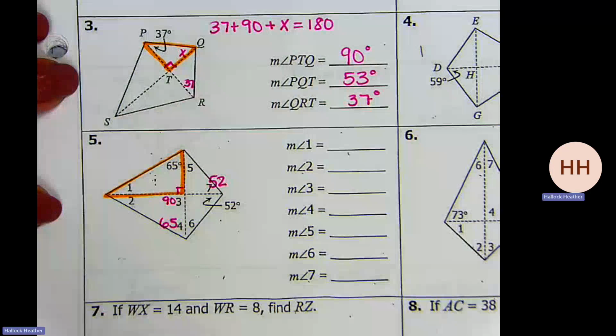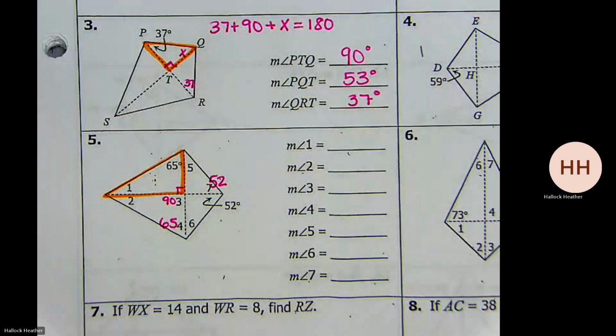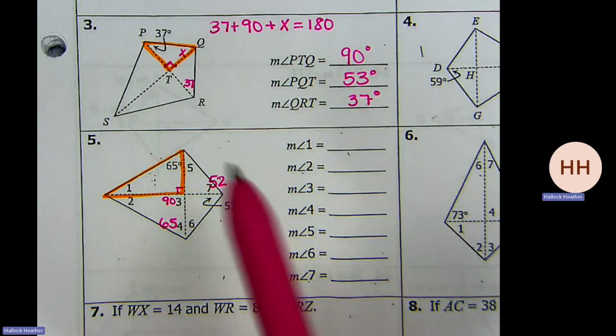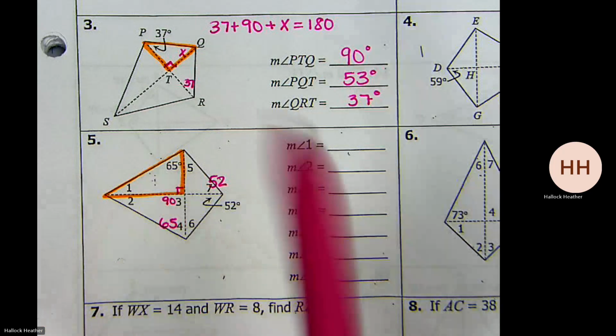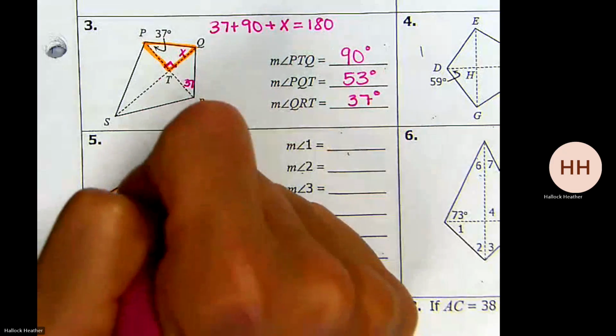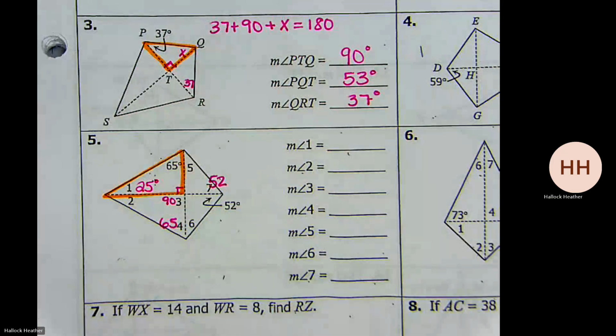If I add to make 180 here, what would the measure of angle 1 have to be? 25. What would angle 2 be? 25.